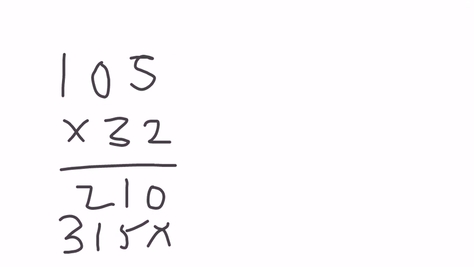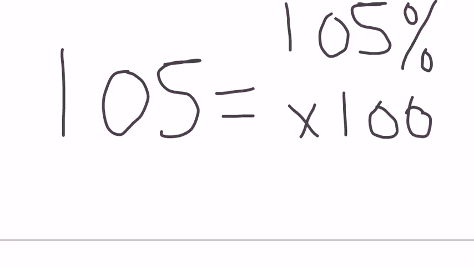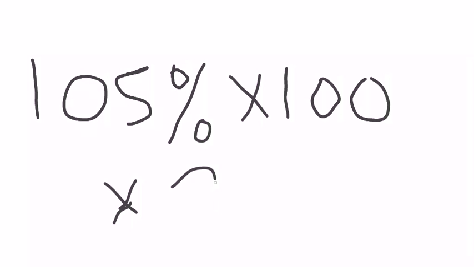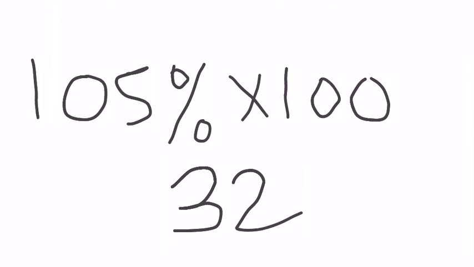And so you could also say that you have to multiply 105% by 100 by 32. And so what does it really mean? It means that we can actually use a percentage way to calculate it.